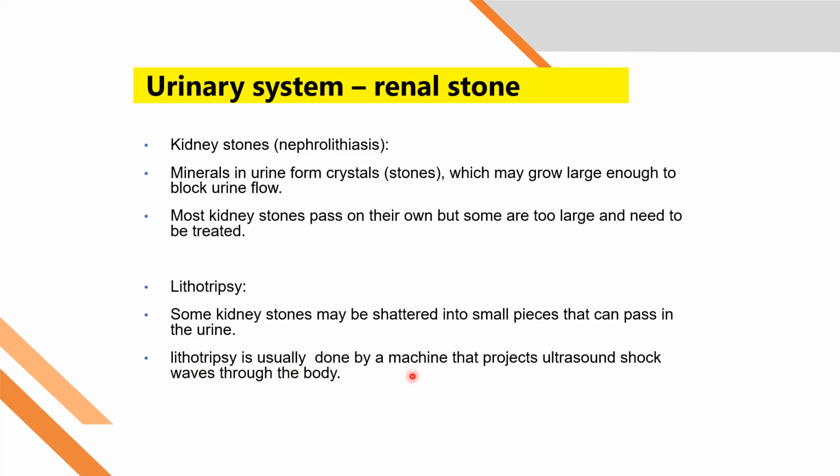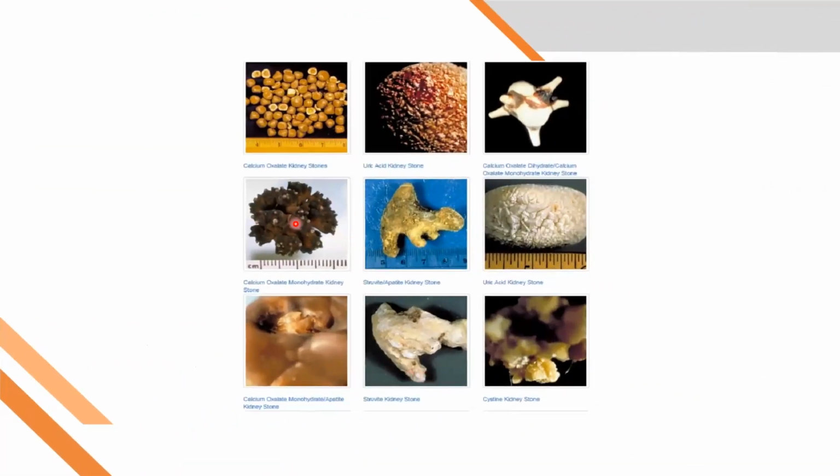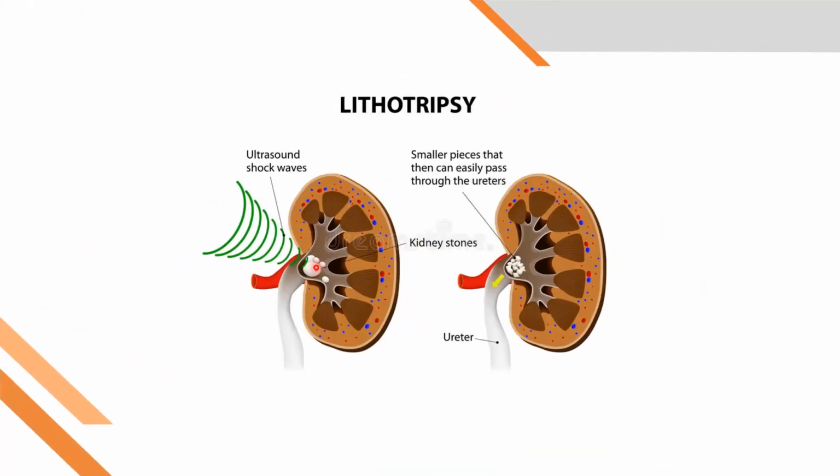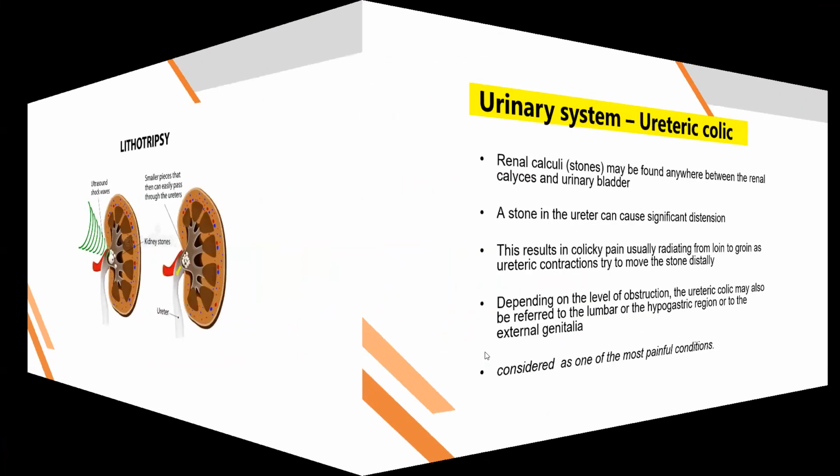Lithotripsy is usually done by a machine that projects ultrasound shock waves through the body. These are all different kinds of kidney stone. This is how they do the lithotripsy. Ultrasound shock waves hopefully can break the bigger kidney stone, so the smaller kidney stone may pass easily through the passage of the urinary tract.